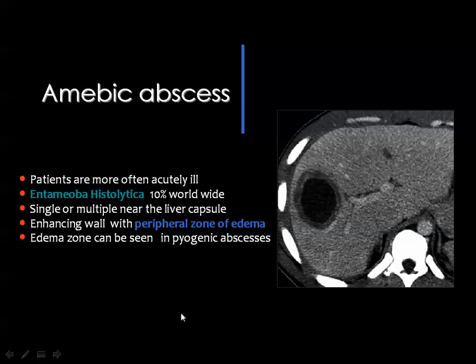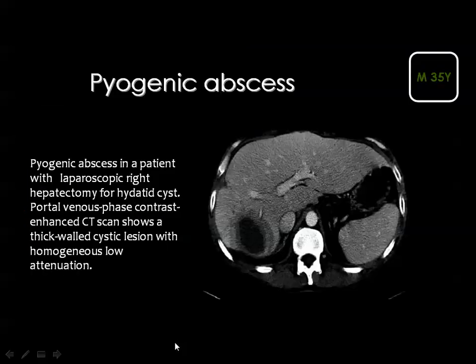But now it is not a reliable sign for discrimination between amoebic and pyogenic abscesses. Actually the location of the abscess, the appearance of the edema, and the enhancement are not helpful criteria to discriminate between them. Then it's better to call this an abscess, and we may take a sample from the contents in order to know whether it is amoebic or pyogenic.